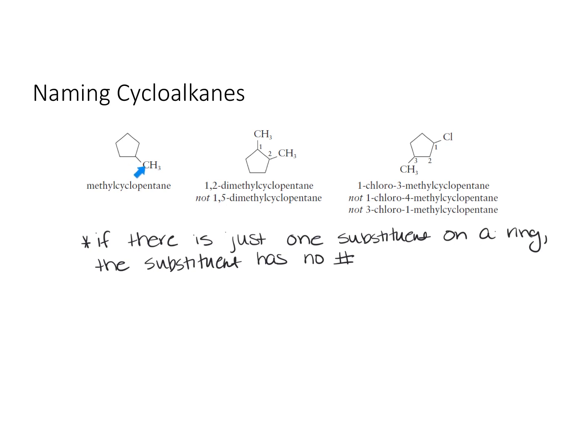Because remember, this is a 3-dimensional structure, and no matter which way you turn the CH3, it's only going to be in one place, right? And so we would just call this methyl cyclopentane.